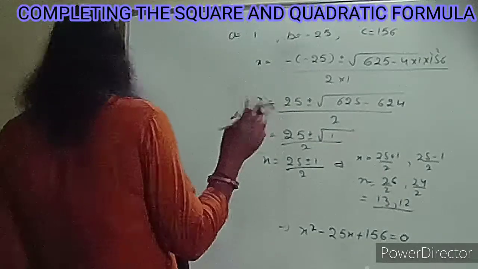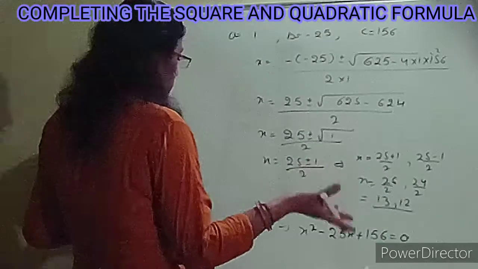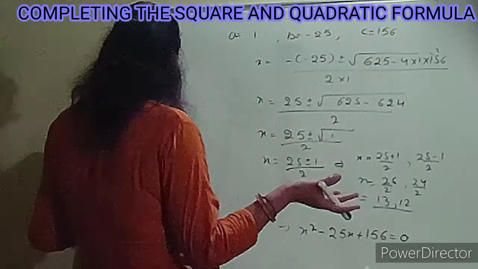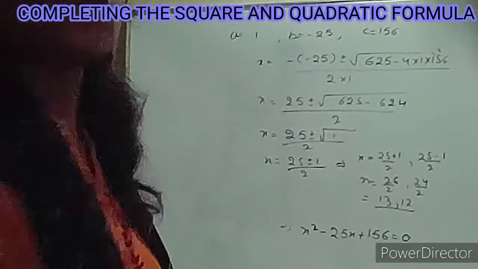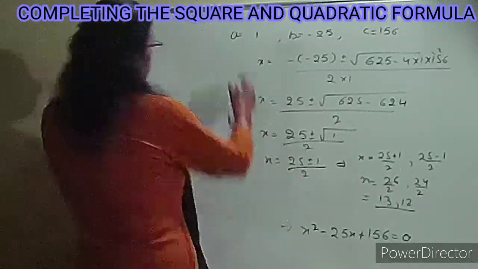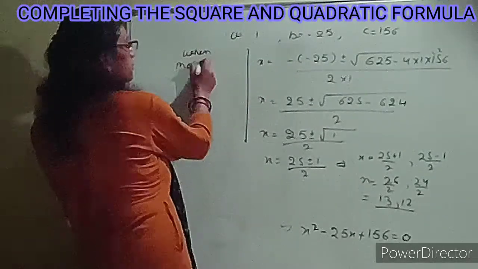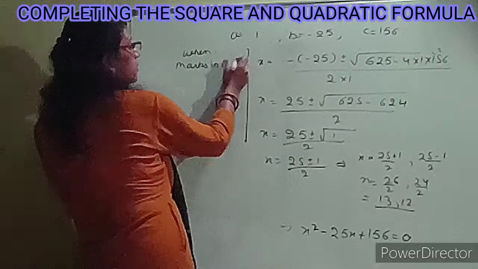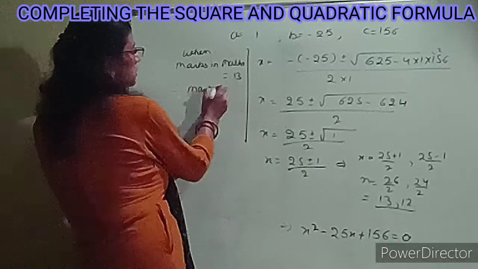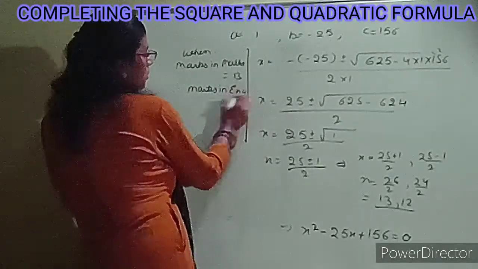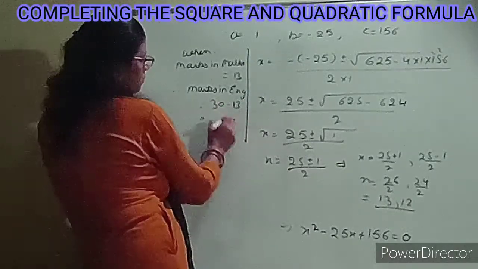Okay. So now what we have to find, and marks of mathematics is, once it can be 13, it can be 12, and marks of English 30 minus x. Okay. So marks of English you just try. So therefore the two cases, when marks in maths is 13, so therefore marks in English 30 minus 13, so what you will get? 17.